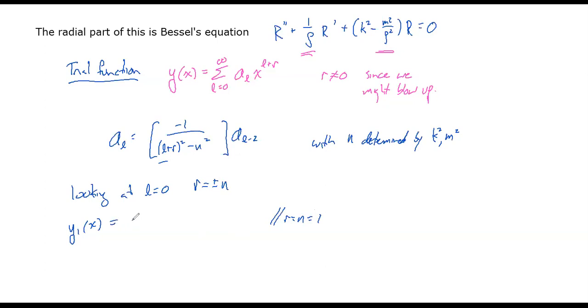Is going to be the sum from L equals 0 to infinity of -1 over L squared A. Oops, let me do this in 2 steps, sorry.